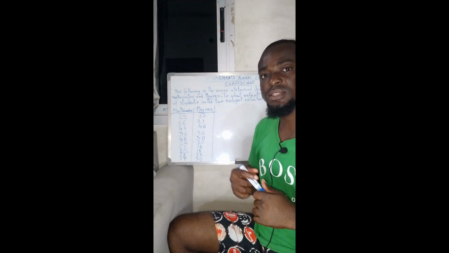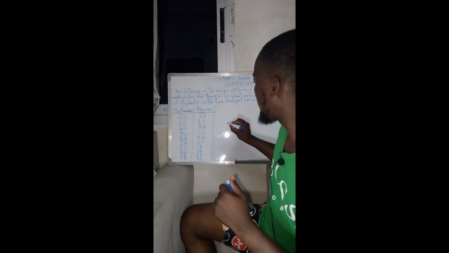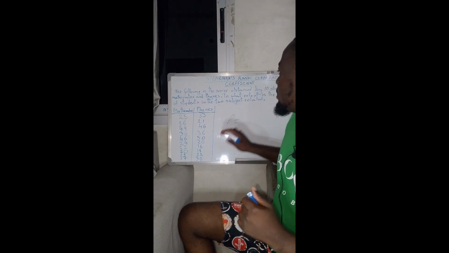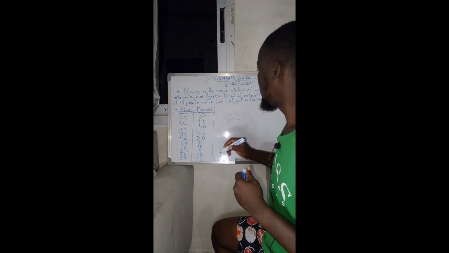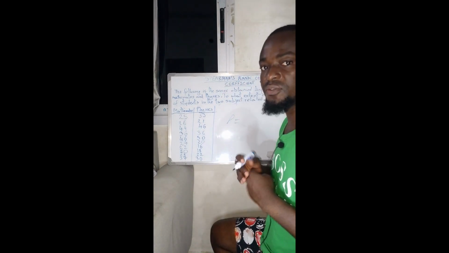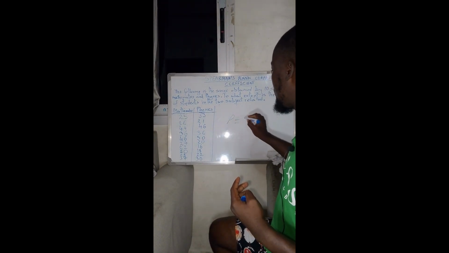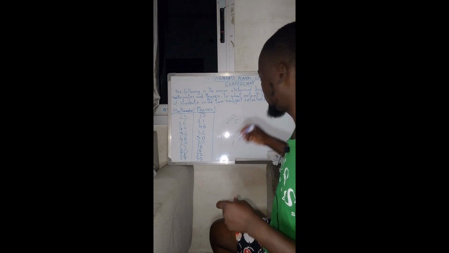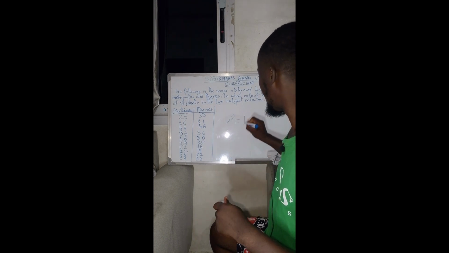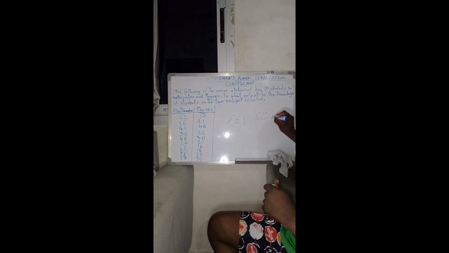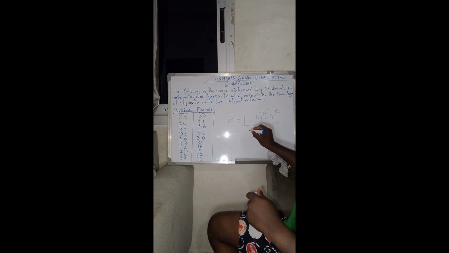And Spearman's rank is denoted by the Greek letter rho, or R. The formula used for measuring the strength of the relationship between two variables is given as rho is equal to 1 minus 6 sum of d square all over n into bracket n square minus 1, and close the bracket.